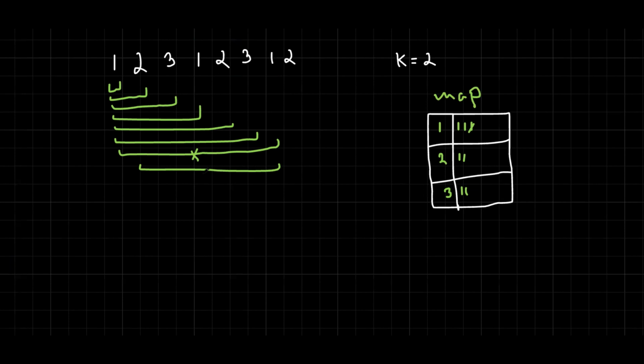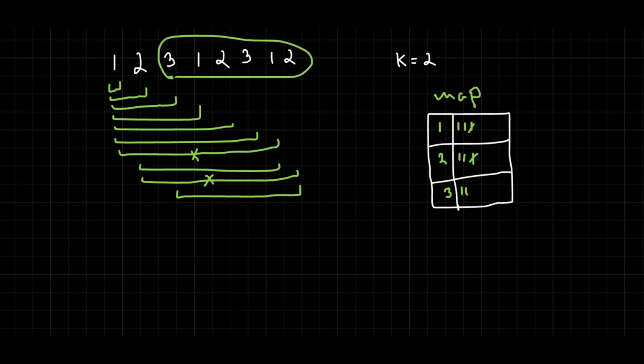Now, let's expand the window. If we expand the window, the frequency of 2 becomes 3, so we cannot consider this window here, and we have to simply shrink our window. Now our window is this, 3 1 2, 3 1 2. Here, all of the element frequencies are 2, so we can consider this as one of the possible subarrays.